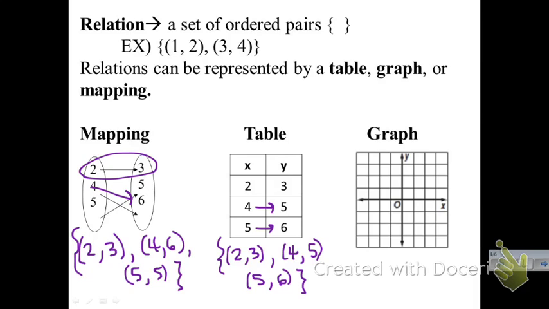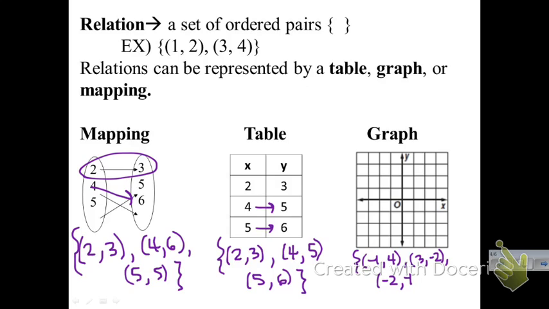Okay, to graph it, I'm going to give some new values to graph. We'll use -1, 4, and 3, -2, and -2, 1.